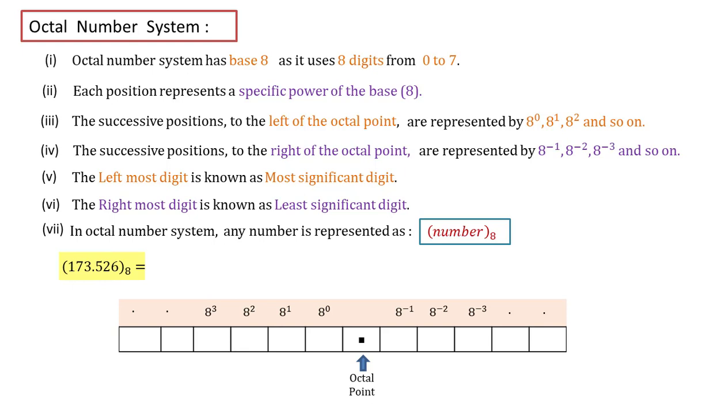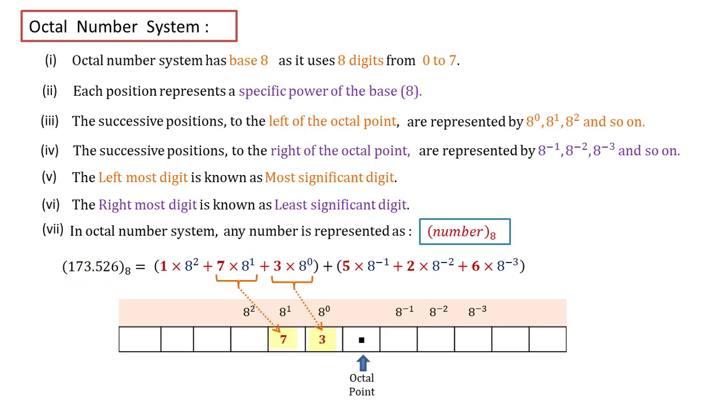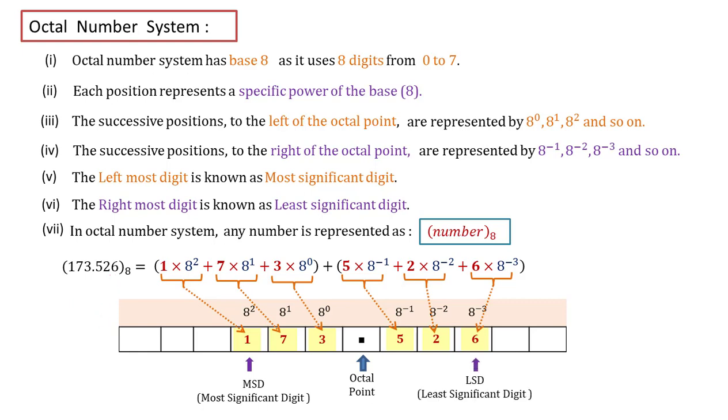Here, each digit has its own position and positions are represented as powers of 8. In this number, the leftmost digit is 6, which is known as most significant digit, and the rightmost digit is 1, which is known as least significant digit.